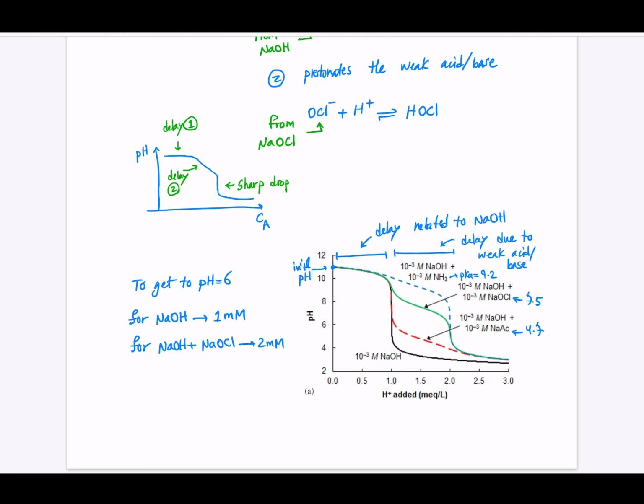Then you need to know how much of that strong acid you need to add to get to that threshold of safety, which let's say is 6. Depending on what you have in the system, you might need to add different concentrations. So this is also a second kind of information we can get from titration. So again, very useful. Just keep in mind, this is related to concentration. This is related to pKa.